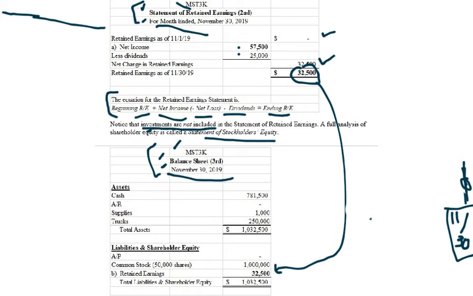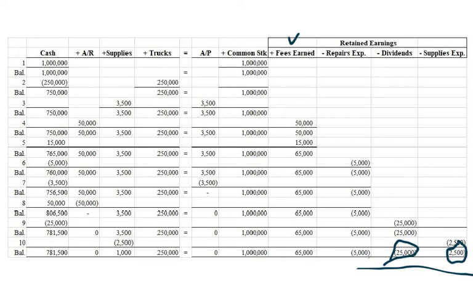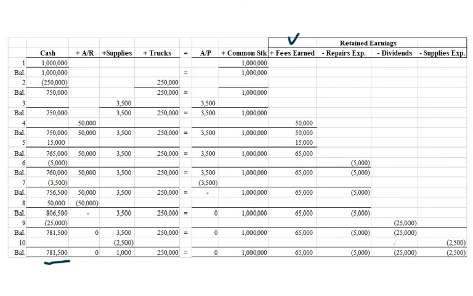All right, so here, all you're looking at is whatever our balance was down here with regard to, okay, cash. I'll just do a little cleanup on this. So it just says, okay, what was the balance in cash? $781.5. That's what we have there. Accounts receivable, of course, was nothing, so we got nothing there.